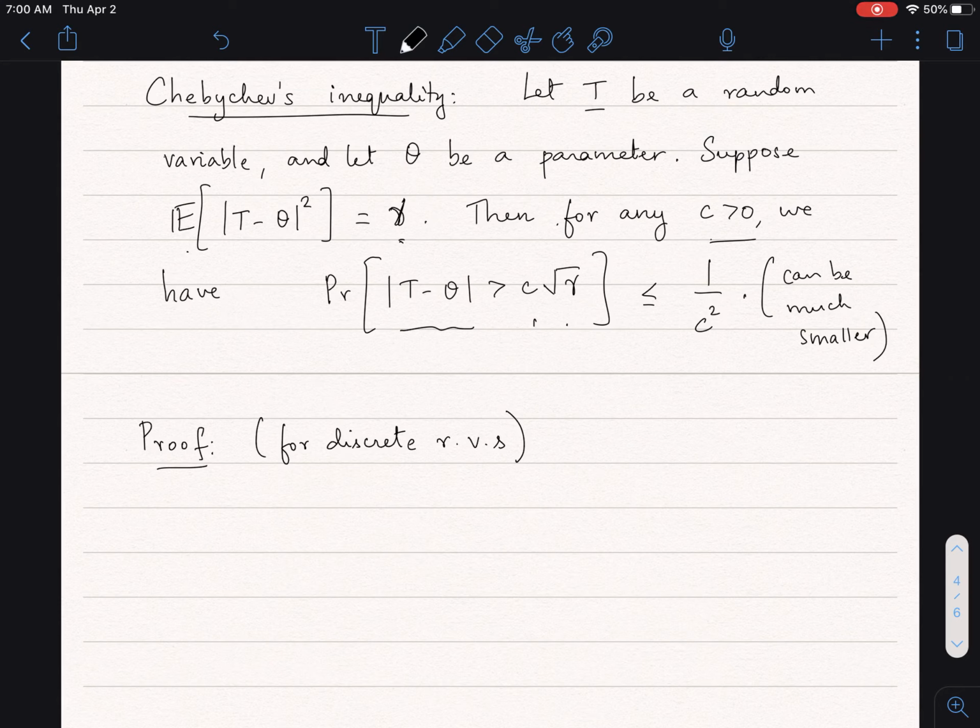Okay, so what is the idea? T is some random variable and theta is some parameter. For the case of discrete random variables, the probability mass function just looks like this. There are some values.